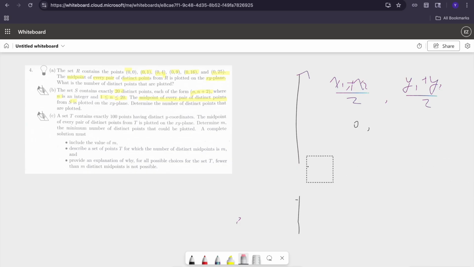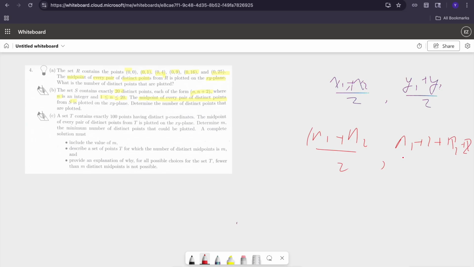Okay, so we still need to use the midpoint formula here. We're looking for the midpoint (n1 plus n2 over 2, comma, n1 plus 2 plus n2 plus 2 over 2).